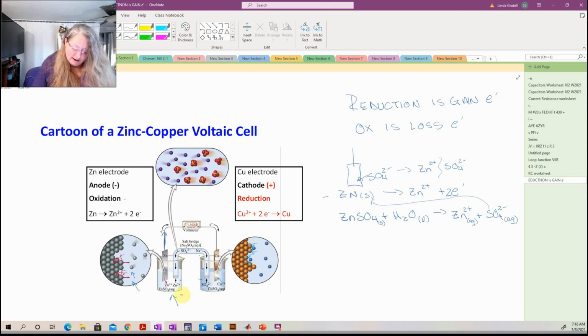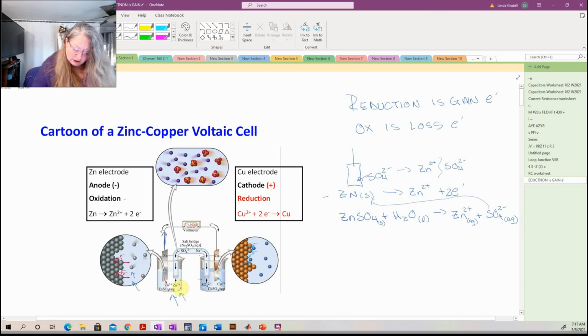And the other thing I have to have, in this solution, coming back to the salt bridge now, is an ability to maintain neutrality. If you put your finger into this zinc sulfate solution, you're not getting zapped by it. It's not going to have an overall charge. What the salt bridge does is help balance out this loss and gain of cations and anions.